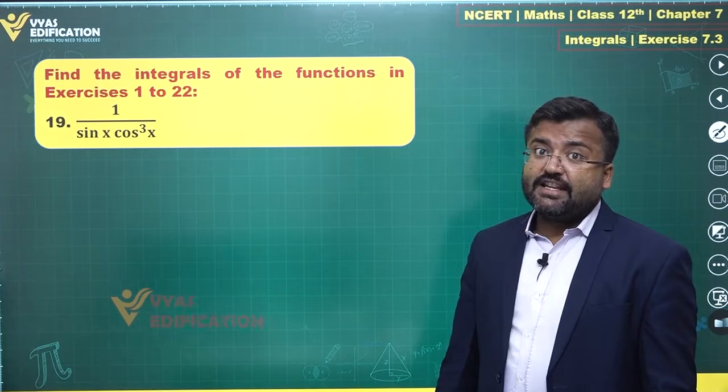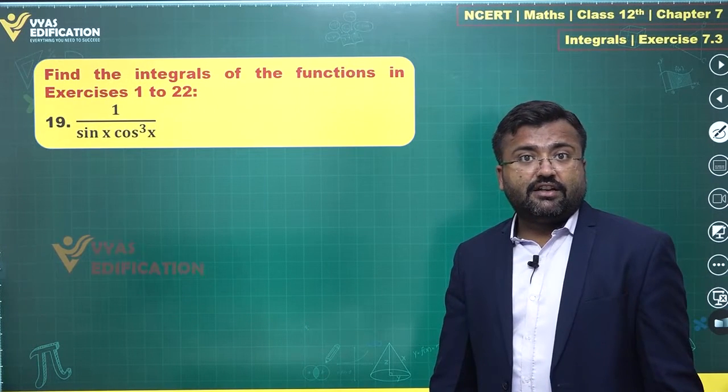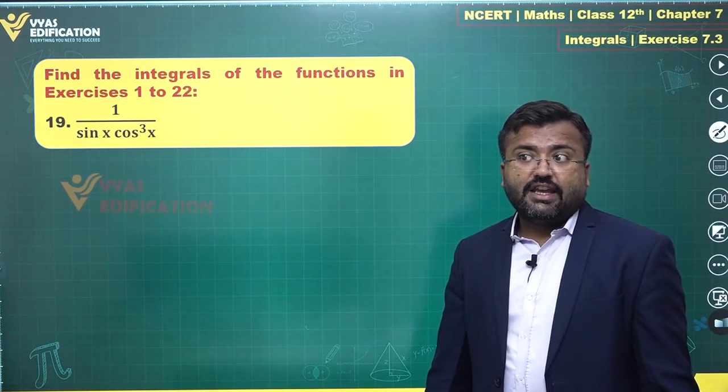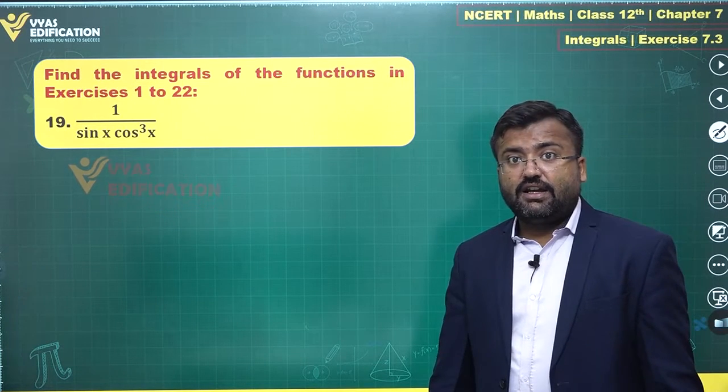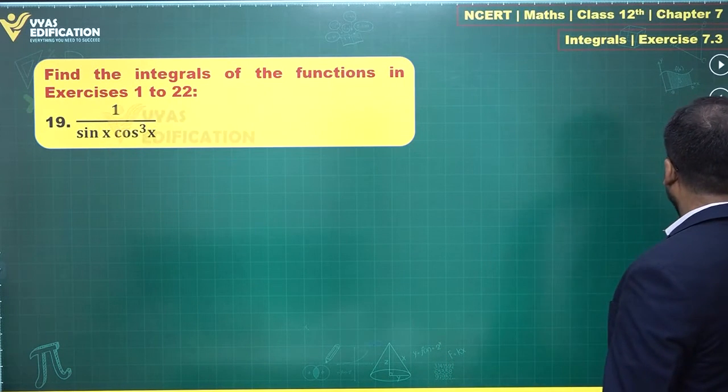The 19th question has sin x and cos cube x, but they are in the denominator. Can we make some kind of a substitution over here and simplify this? Yes, maybe.